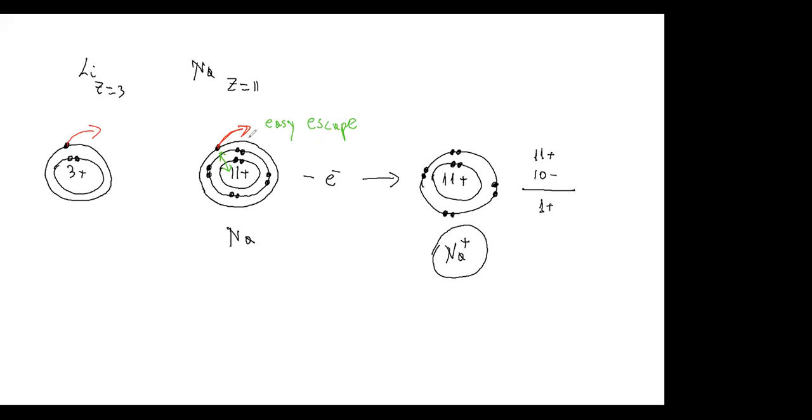So let's go to reactivity of these metals. The metal sodium is more reactive than lithium because it releases this electron easily. So if we go to group 1A, from lithium to sodium, potassium, rubidium, and cesium, the reactivity of these elements increases as we go down the group.